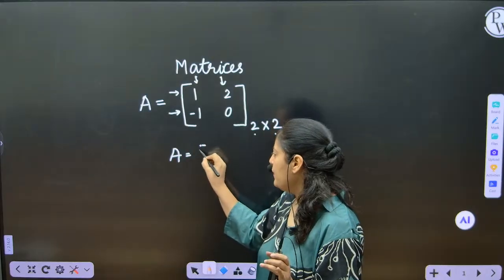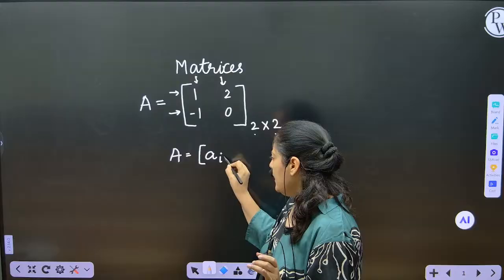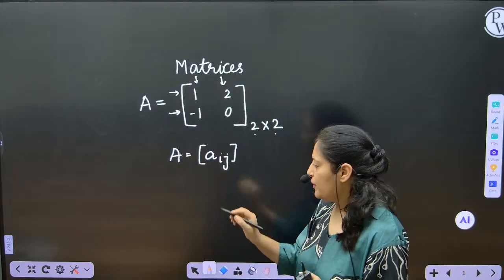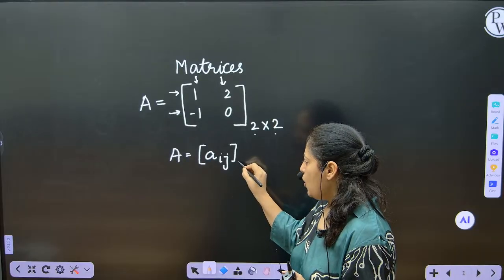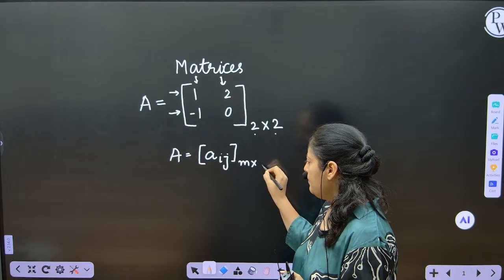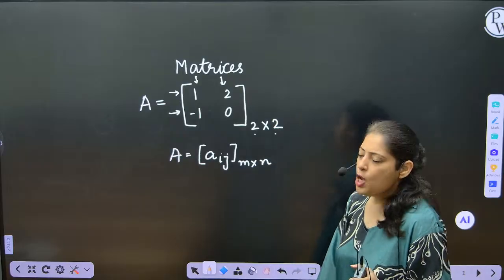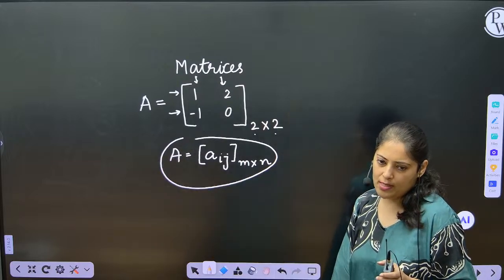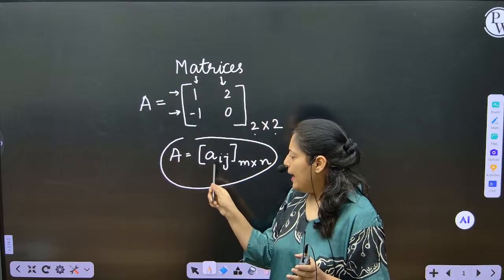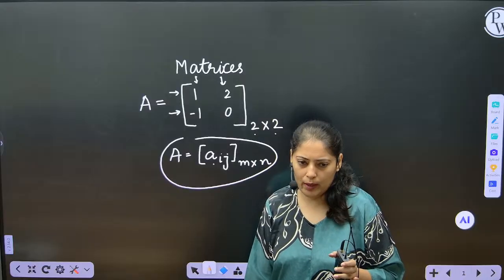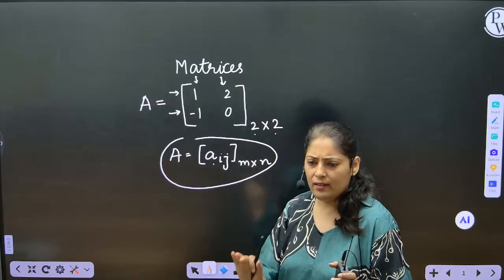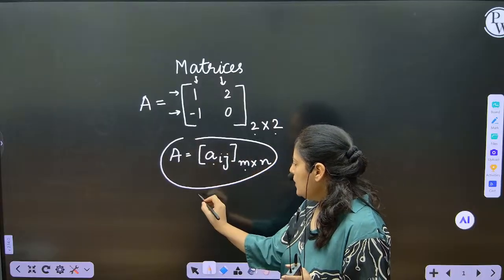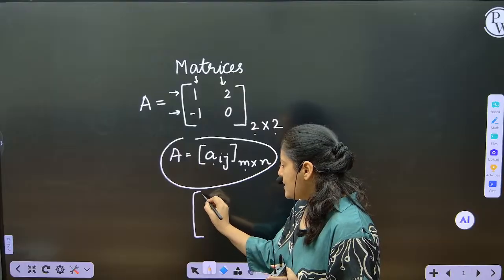Suppose a question is given like this, Aij, with this bracket, and the order is given as M cross N. This is the way to write a matrix. This means elements will be of the form A11, A22, A33 and so on, like A12, A13, and so on.